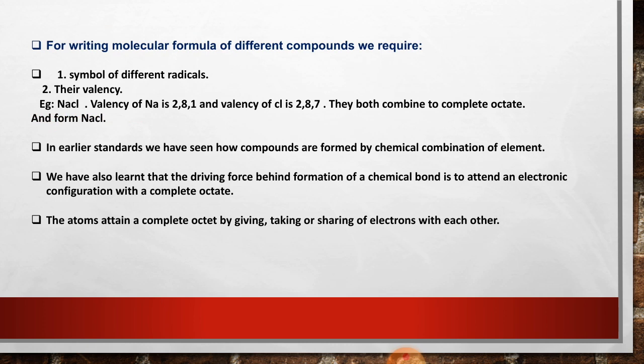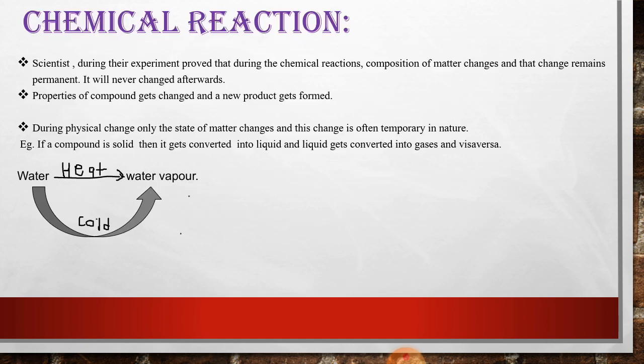In earlier standards we have seen how compounds are formed by chemical combination of elements, and we have also learned that the driving force behind the formation of a chemical bond is to attain an electronic configuration with a complete octet. Atoms attain the complete octet by giving, taking or sharing electrons with each other. In the example of NaCl, Na gives 1 electron to Cl and it completes an octet, forming NaCl.